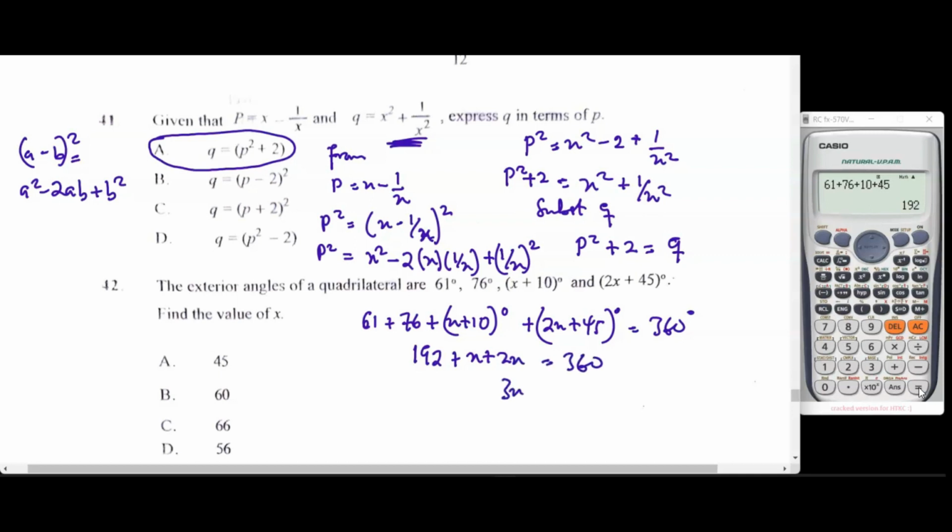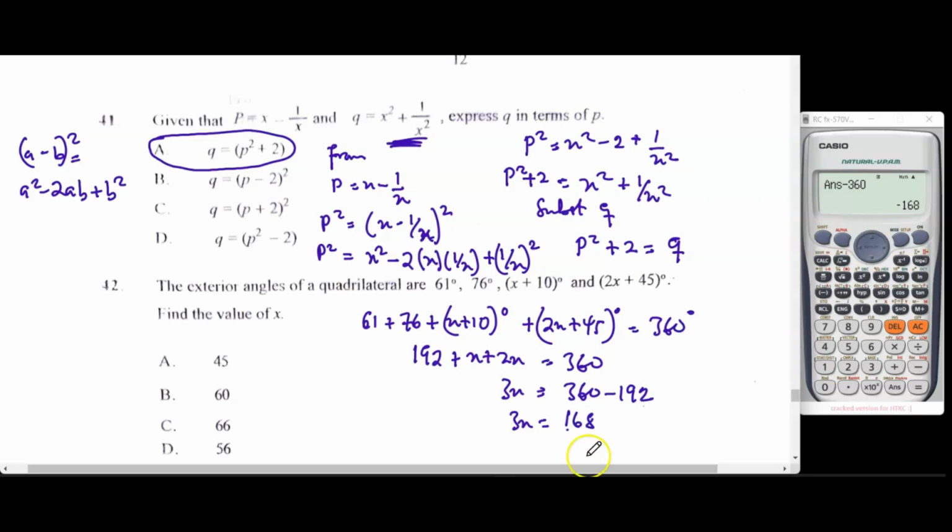So 3x will be equal to 360 degrees minus 192, which gives us positive 168.